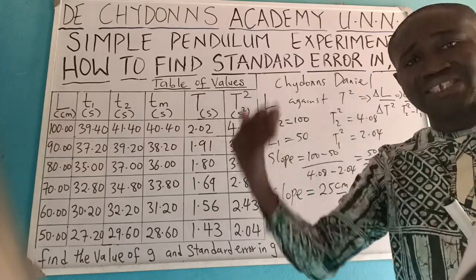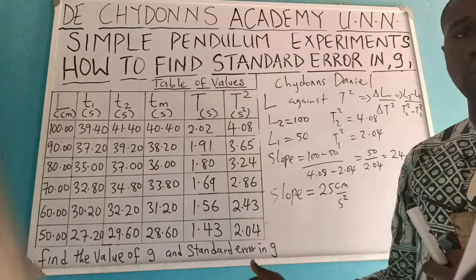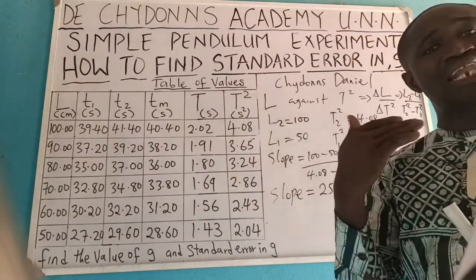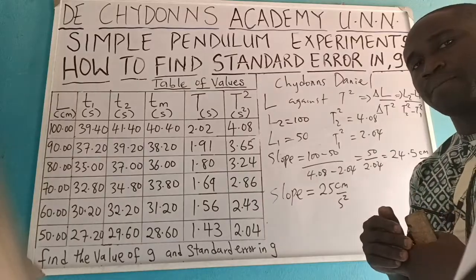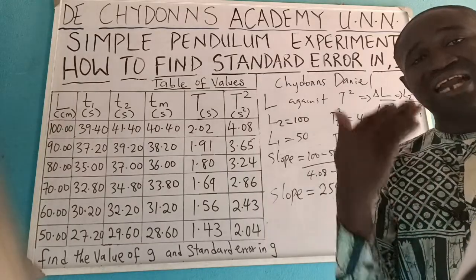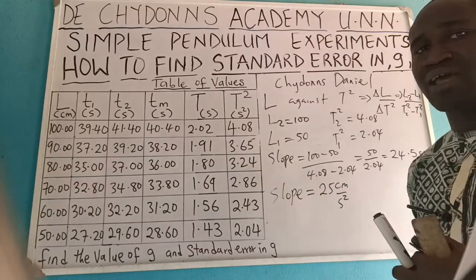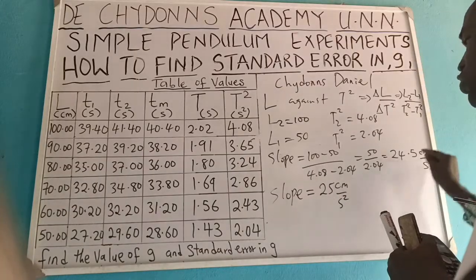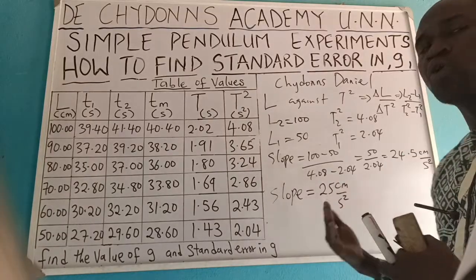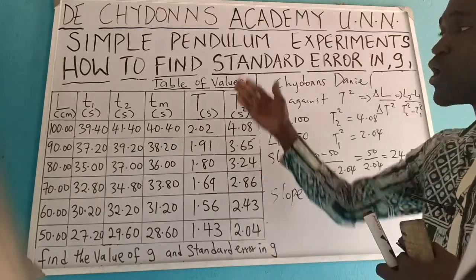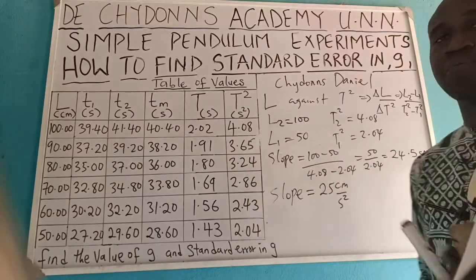It is a sketch of the graph. We used the board to do the graph plotting. We didn't use standard graph sheet to plot it. If you use standard graph sheet, you'll be able to get your answer between 24 point something and 25. You now know you are seeing the range. But because we used a sketch of the graph, we got 25.